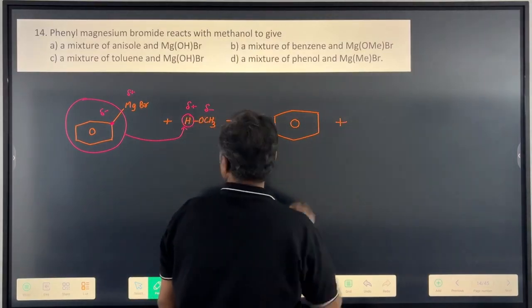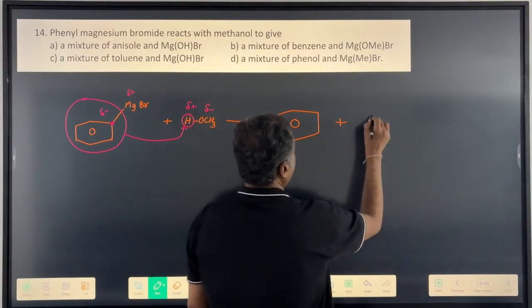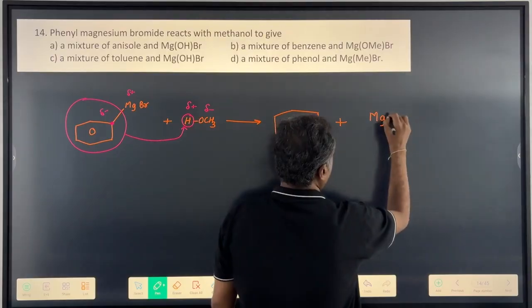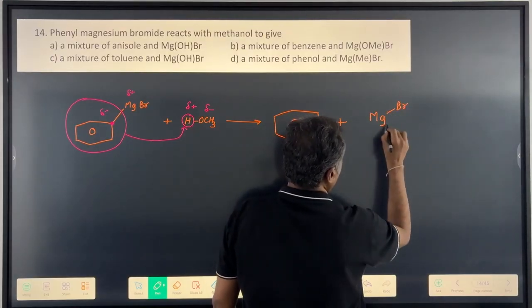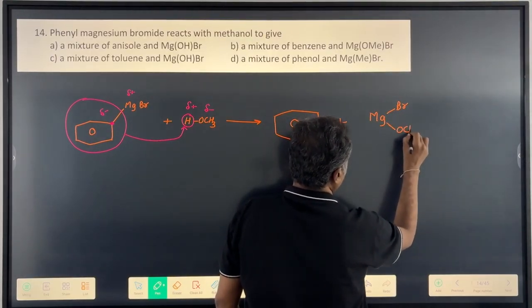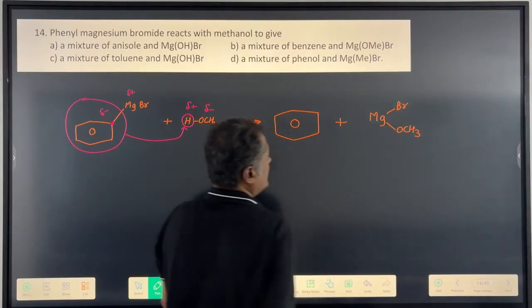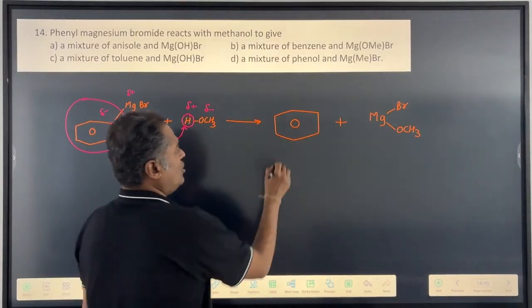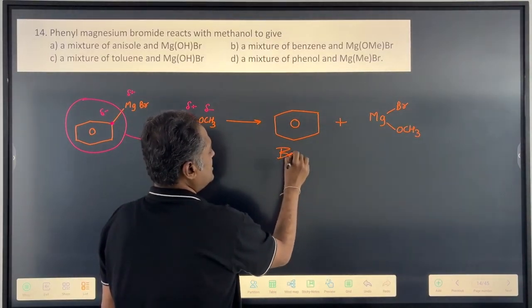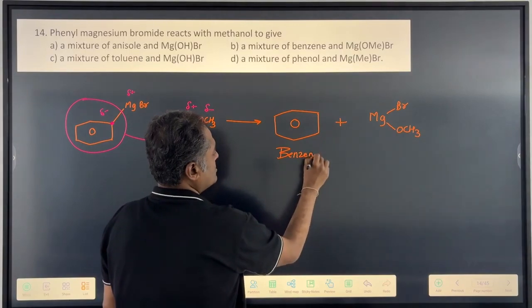And the byproduct obtained is what? Mg will be attached to Br and the new part you have got is OCH3. In this case your benzene is your product.